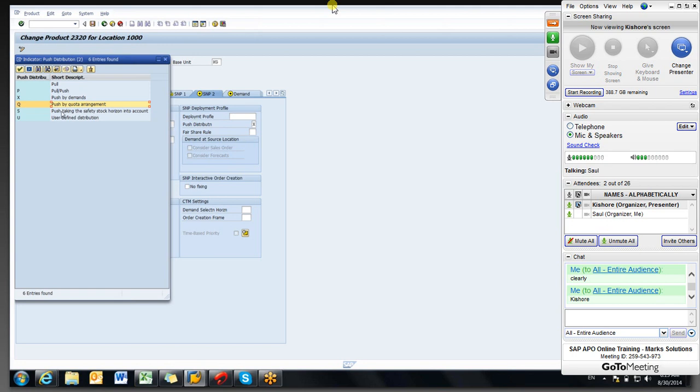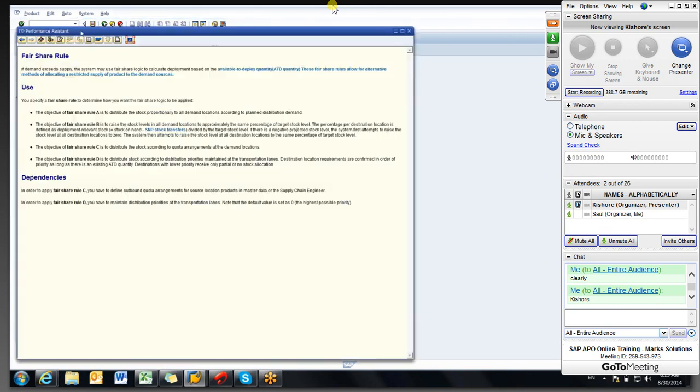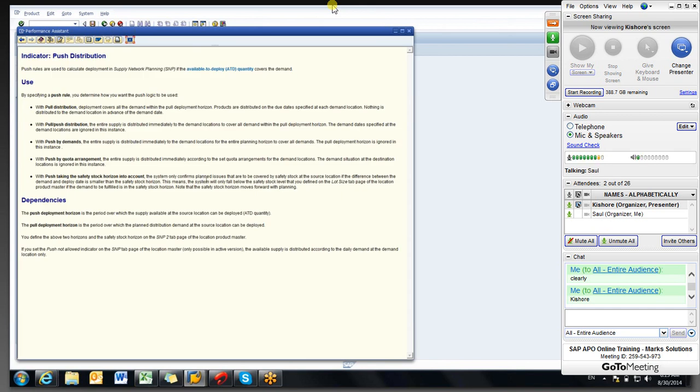And this one is to take into account the safety stock horizon. The system only confirms the planned issues that are to be converted, in the source location, if the difference between the demand and the deployment date is within the safety stock horizon.